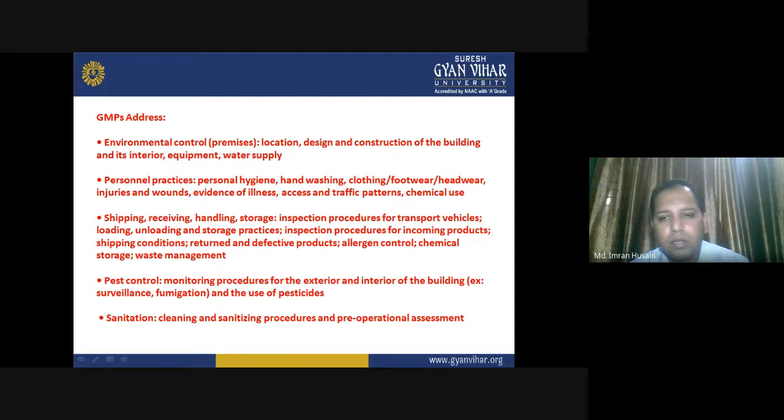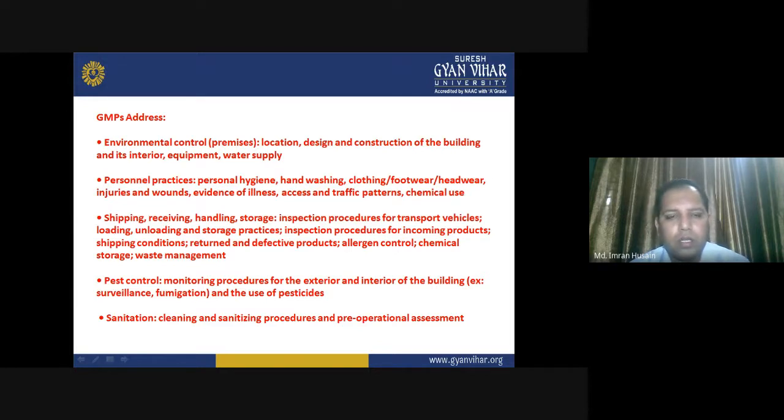Everything is now becoming very necessary and essential to follow. Allergen controls, chemical storage, waste management, how the waste is being managed, pest control, monitoring procedures for exterior and interior buildings, and the use of pesticides, whether sanitation is proper or not, whether environmental control is being implemented or not, whether personal practices are up to the mark or not.